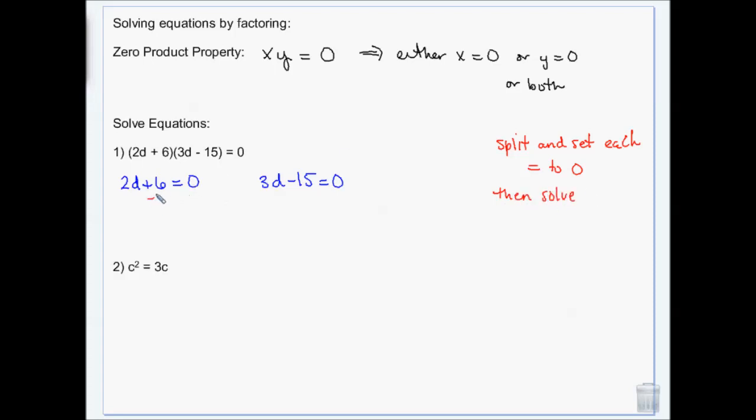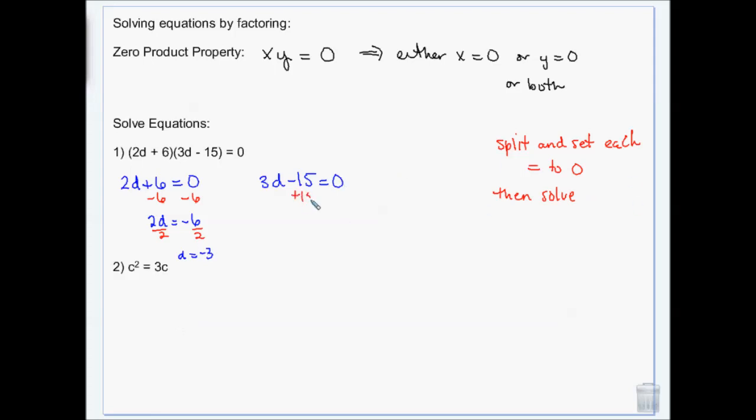Okay. So subtract 6 from both sides and I get 2d equals negative 6. Divide by 2 and I get d equals negative 3.